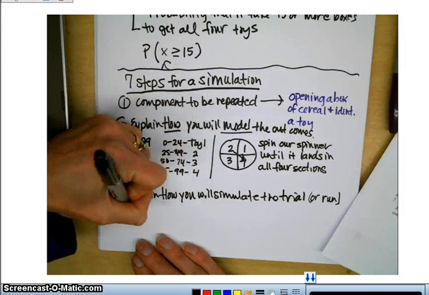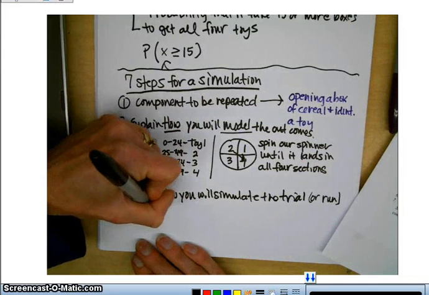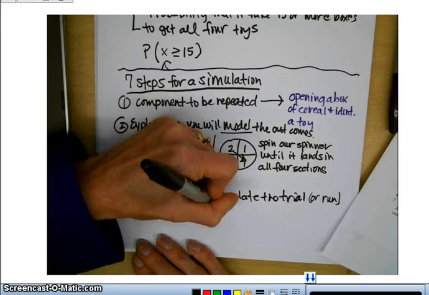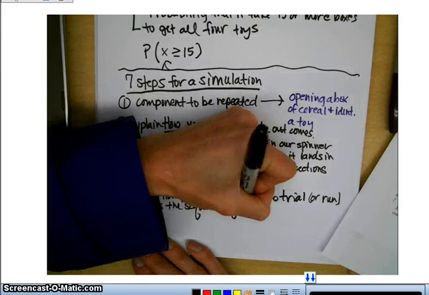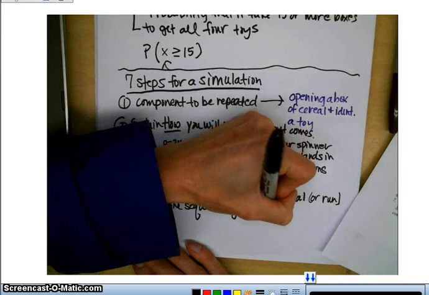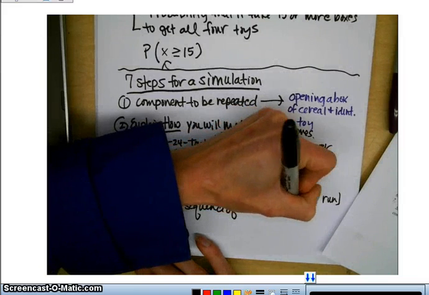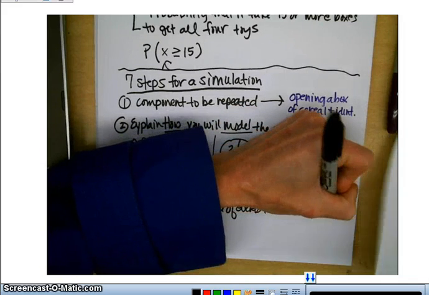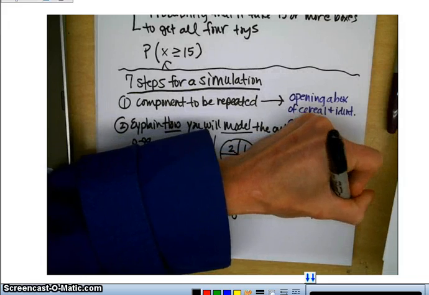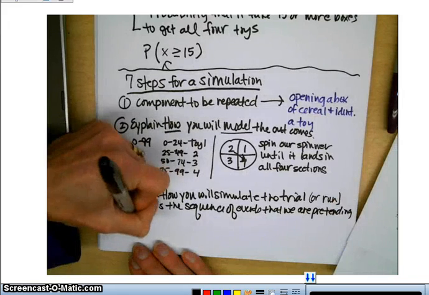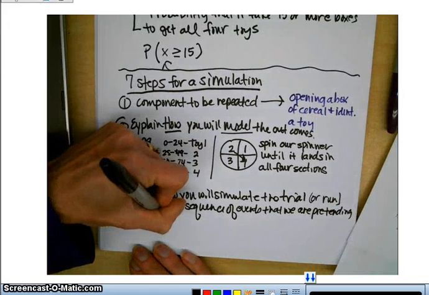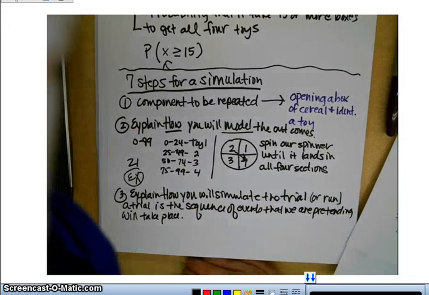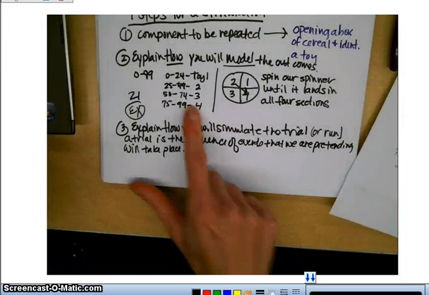A trial is the sequence of events that we are pretending will take place. So we've actually already kind of done it once here, but we're going to do it with the spinner now.